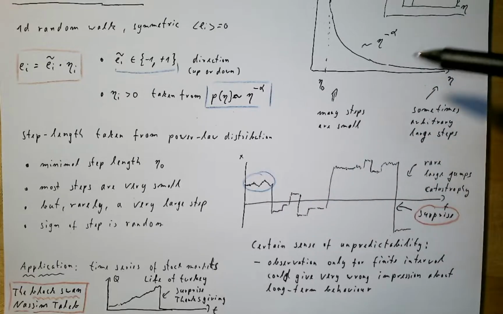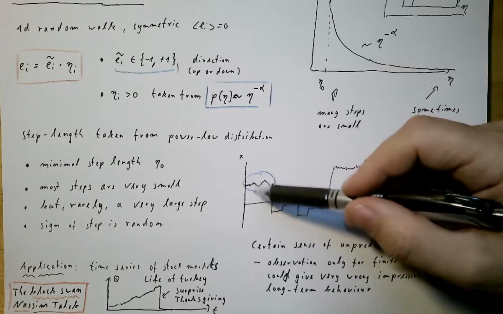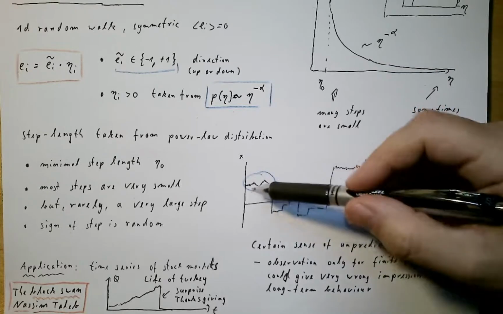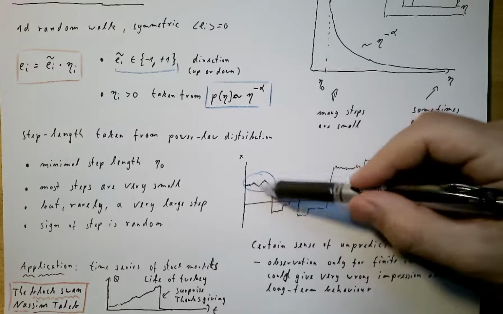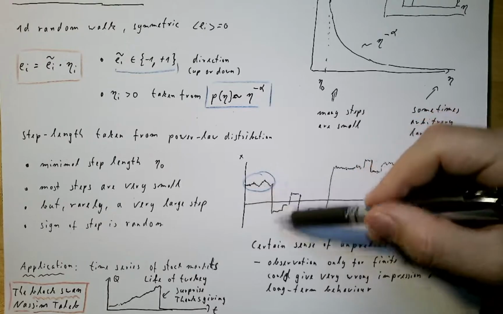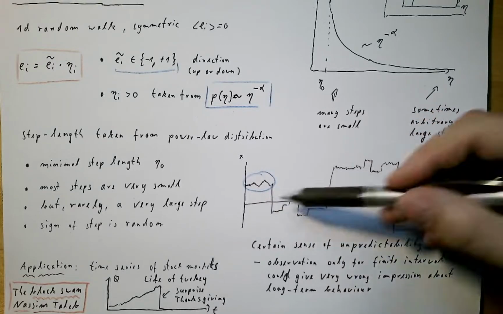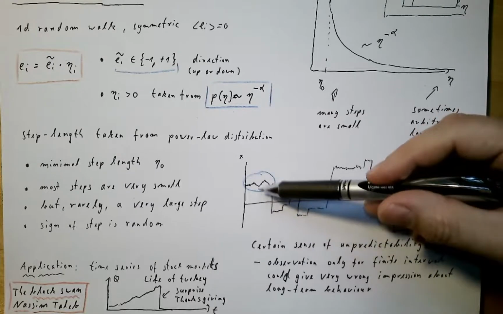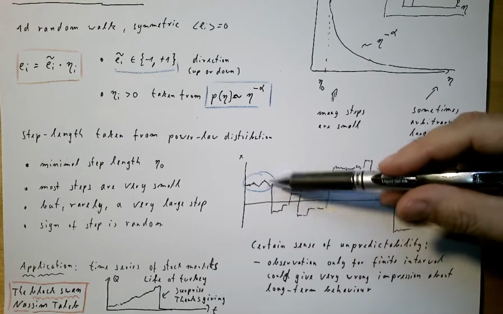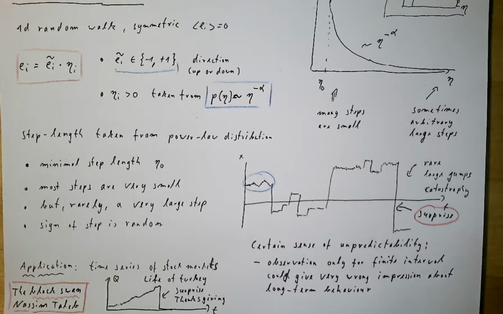That's why we are interested in seeing if we can figure out the signatures of these large jumps. So basically the presence of super diffusion in our variable. Yeah? So we will come back later to Levy flights. That's all I want to say at the moment about Levy flights.